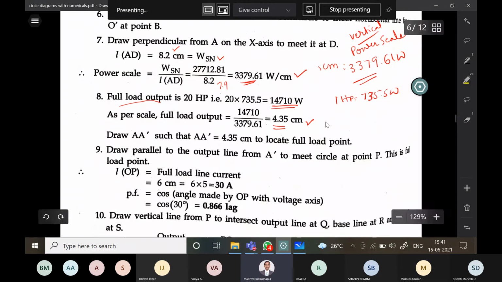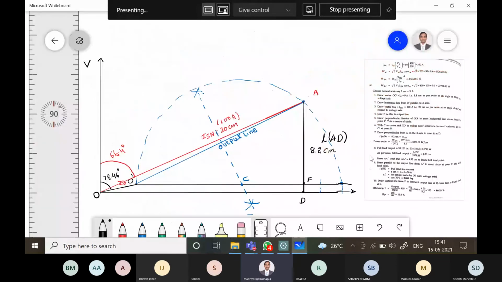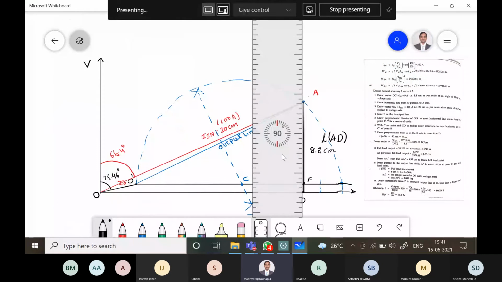So you draw 4.19, extending from point A in the upward direction. I got 4.35, so I will extend 4.35 centimeter from this point.